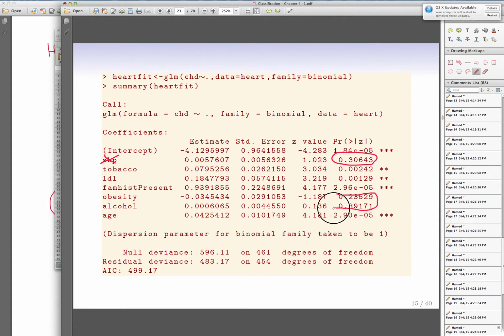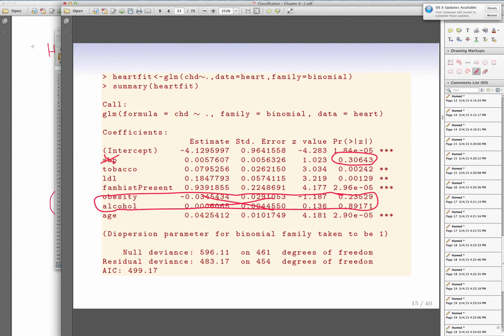Same as this one, and that is interesting. Alcohol and obesity didn't get that much of a coefficient. That is perhaps because lower levels of alcohol, latest studies have shown, result in less heart attack, but overindulgence in alcohol will result in more propensity for heart attack.